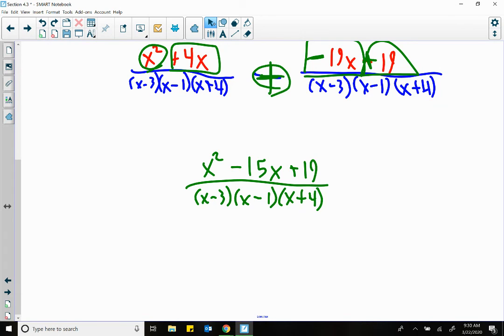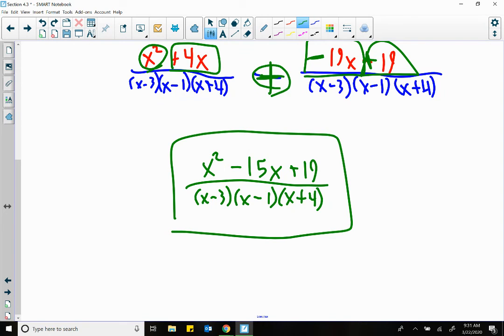No matter how hard you try, that numerator will not factor. So thus, there's no canceling. There's no simplifying. So that is the answer. If you really want to multiply the denominator out, by all means, go ahead. I'm not going to do that, okay? But it will be a cubic polynomial that you'll have there. But this is good enough for the answer. And that is 4.3.